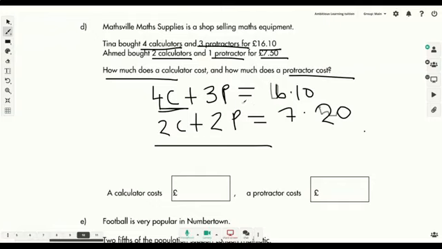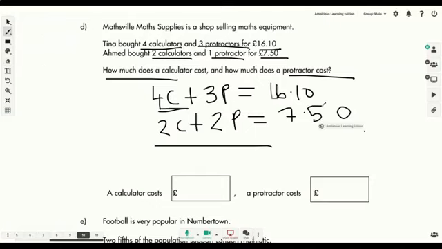You know that 4 calculators plus 3 protractors cost £16.10, and 2 calculators and 1 protractor cost £7.50. That's all the information given to you.